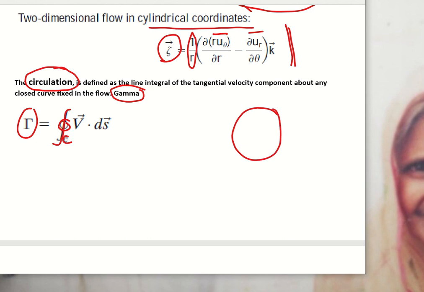Then for this closed curve, suppose here you have the velocity vector, and this is the position of the displacement ds, then v dot ds, and the line integral of v dot ds is called circulation.